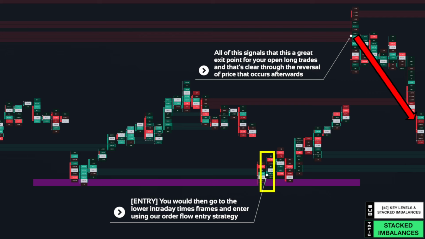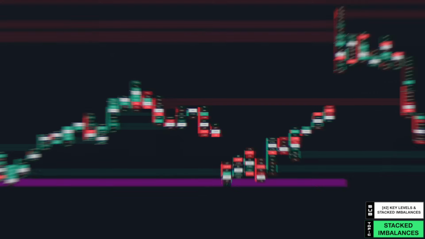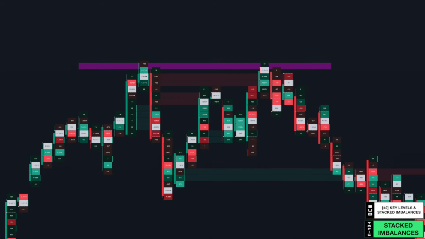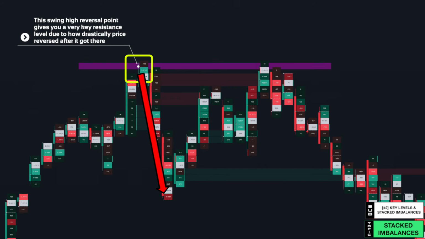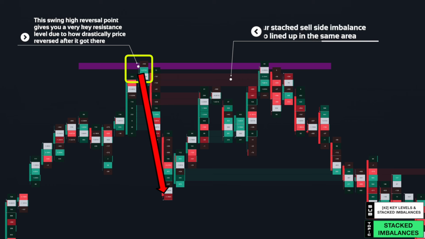Now going in the opposite direction. This swing high reversal point gives you a very key resistance level due to how drastically price reversed after it got there. Your stacked sell-side imbalance also lined up in the same area.